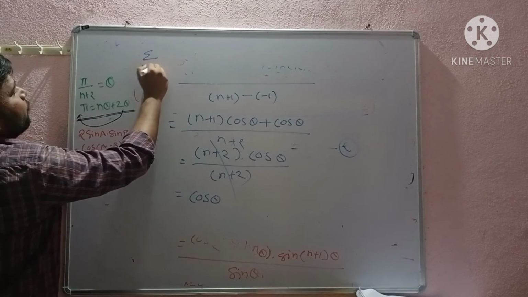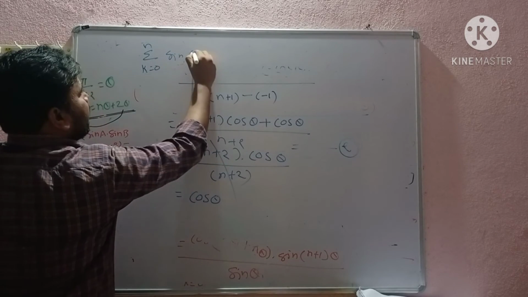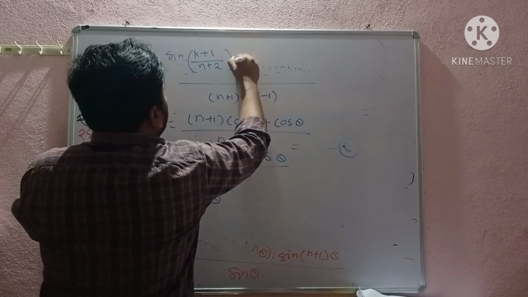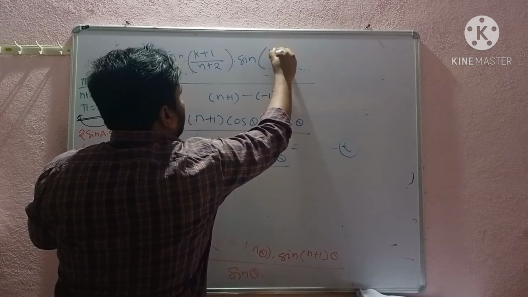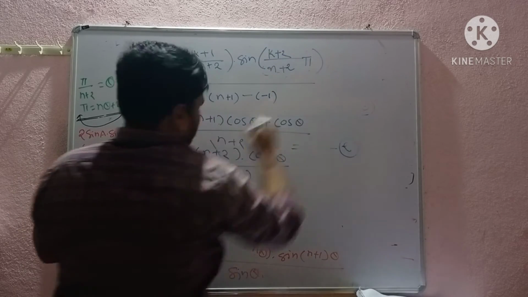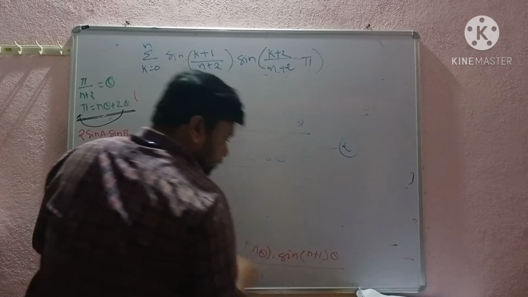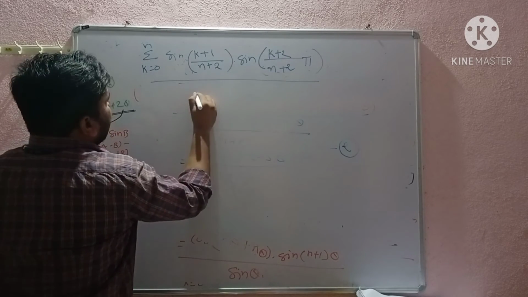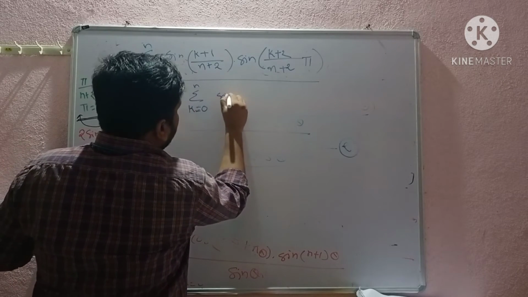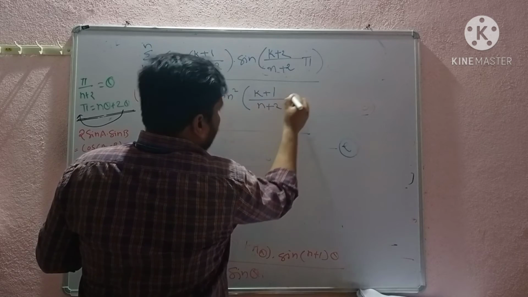Summation k is equal to 0 to n of sin ((k plus 1) divided by (n plus 2) into pi) into sin ((k plus 2) divided by (n plus 2) into pi), divided by sigma k is equal to 0 to n of sin square ((k plus 1) divided by (n plus 2) into pi).